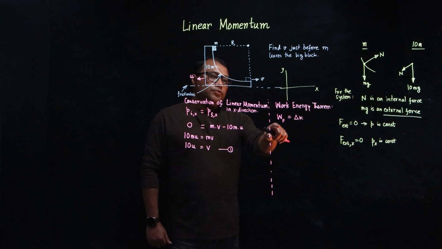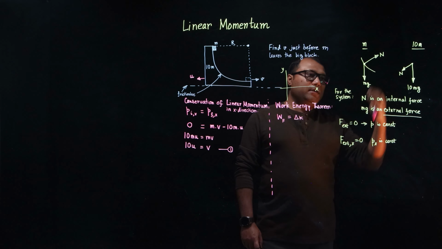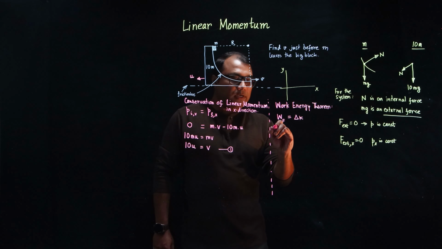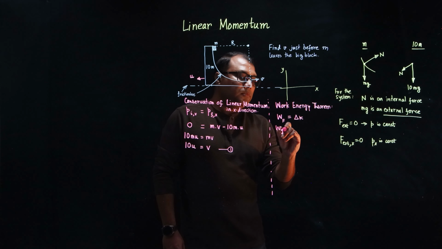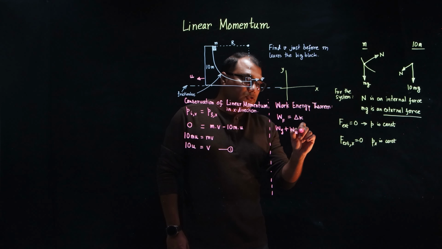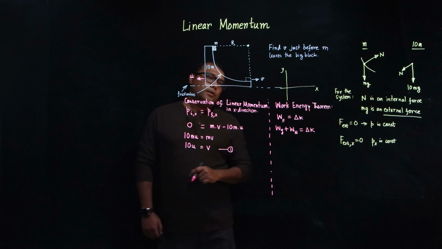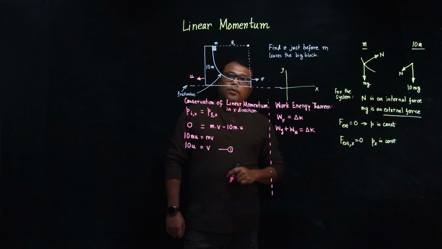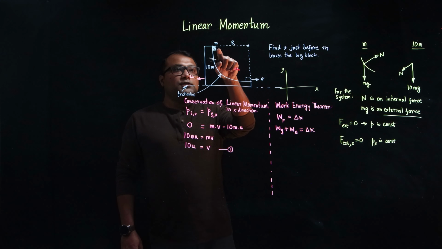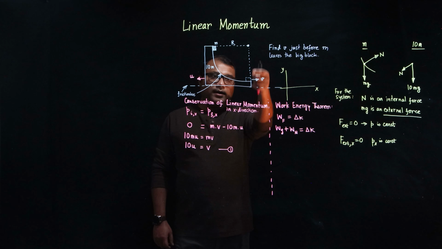Now what are all the forces that are acting on m and 10m? We can see that it's right here. So work done by gravity plus work done by normal reaction should be equal to the change in kinetic energy of the system. Now, what is the work done by gravity? The small m comes down by a distance r.